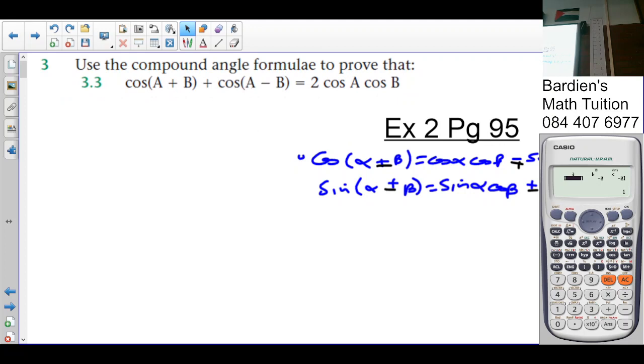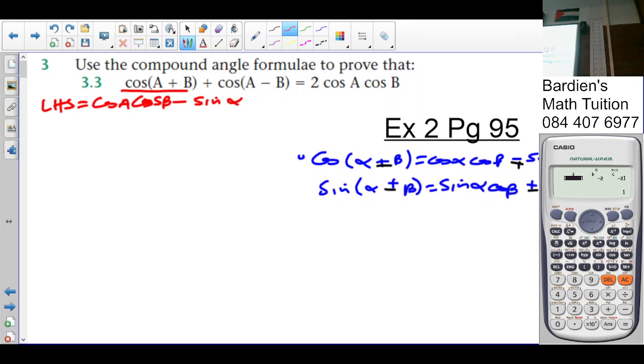3.3. Again, the left hand side is more complex. Okay, so that is going to be cos of alpha plus beta. Can be written as cos of alpha, cos of beta, minus sine alpha, which is A in this case, sine beta, which is B in this case. Okay, and this is now plus.